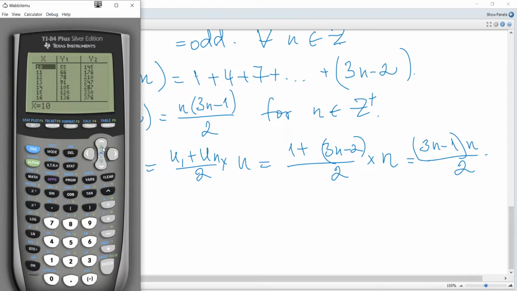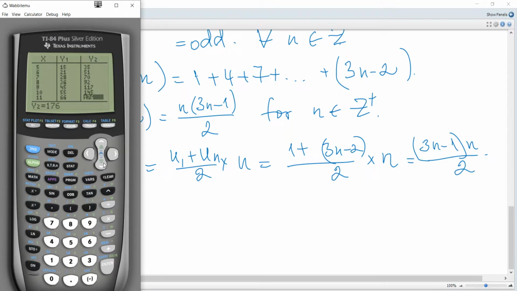Definitely it happens for different n values for triangular and for pentagonal numbers, and you need to just consider this table. Let's consider up to 100, and we can see that there is no same value up to 100.